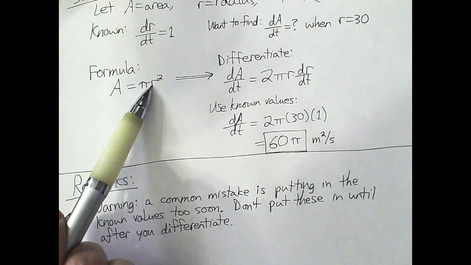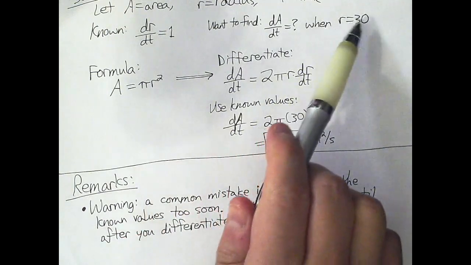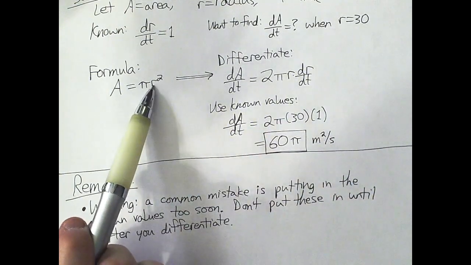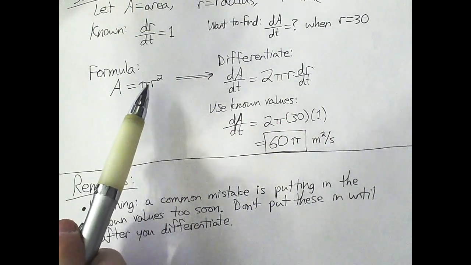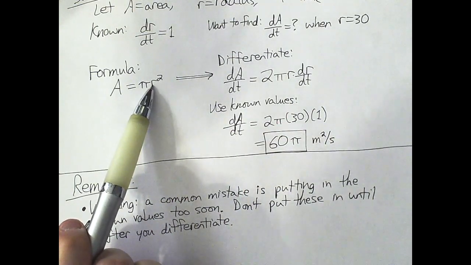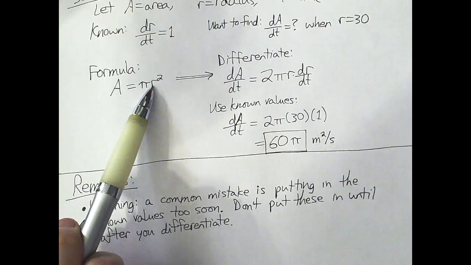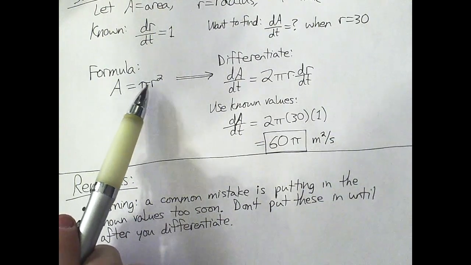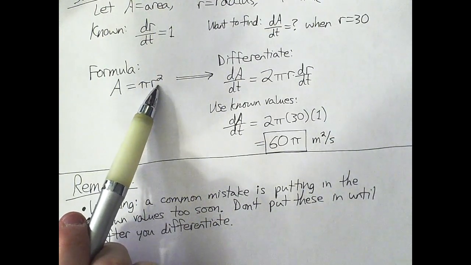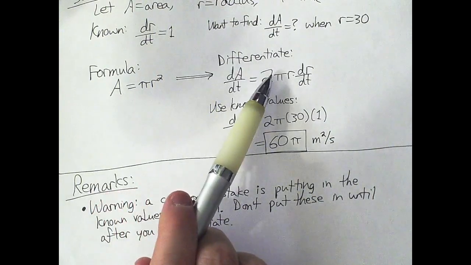What if you had put the 30 in here? You say, oh, r equals 30. What if I put a 30 in? Would that work? If I had put the 30 in now, at this point, 30 squared is 900. So I would have a formula that says A equals pi times 900. Then I would try to differentiate it.